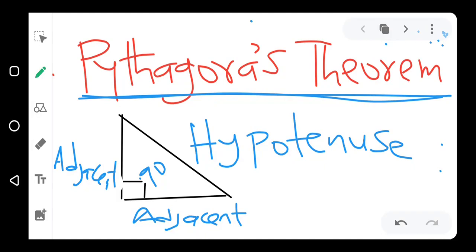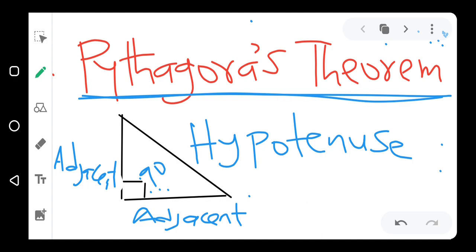Now the side that is facing the angle 90 degrees is what we call the hypotenuse. As you can see in this picture, in this triangle, this is the angle 90 degrees. The side that is facing it is called the hypotenuse. That is the longest side of the right-angled triangle.